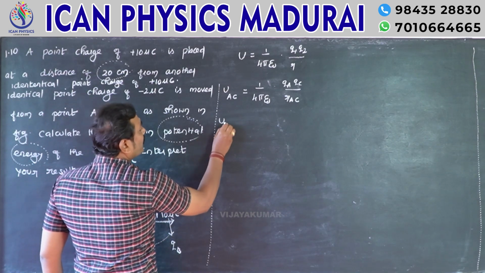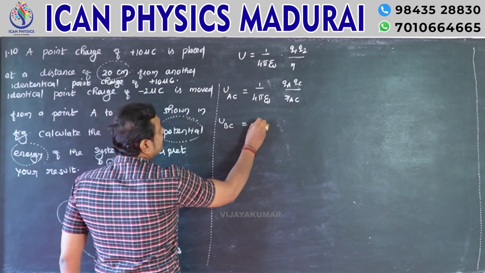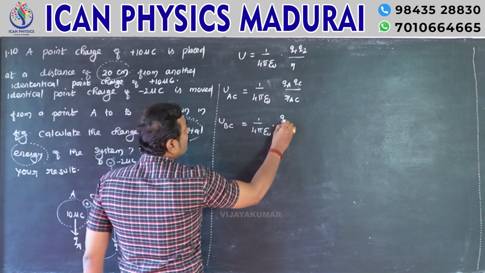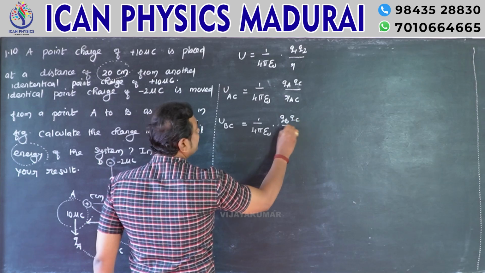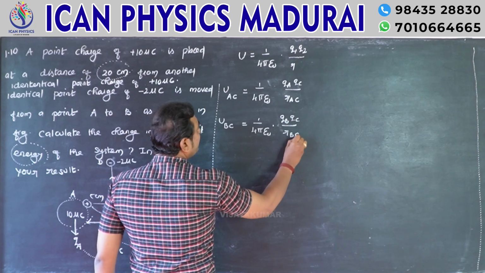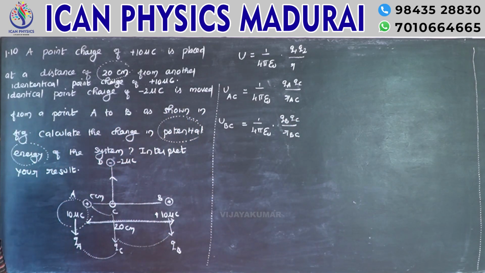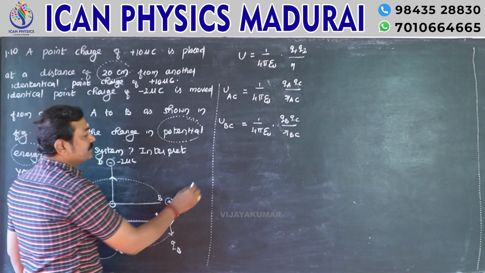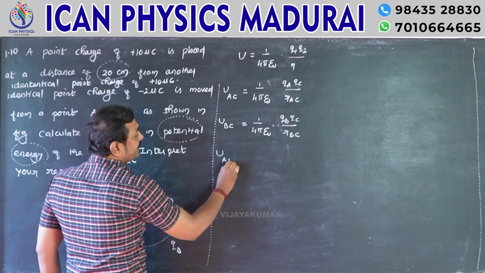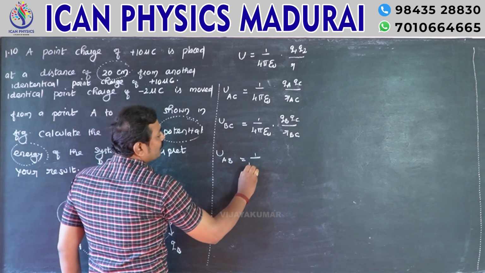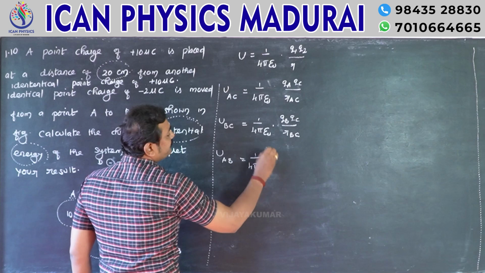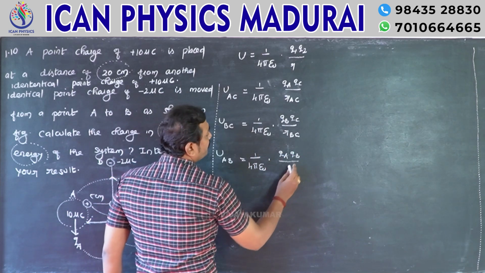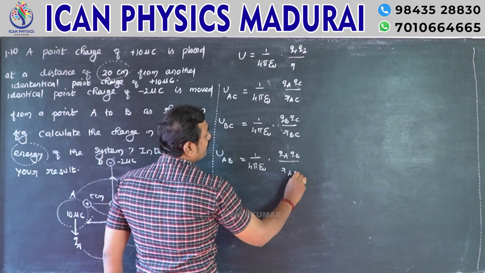Now I am going to find electrostatic potential energy between B and C. So B and C, that is 1 by 4 pi epsilon 0 QB QC by RBC. Now between A and B, so 1 by 4 pi epsilon 0 QA QB by RAB.